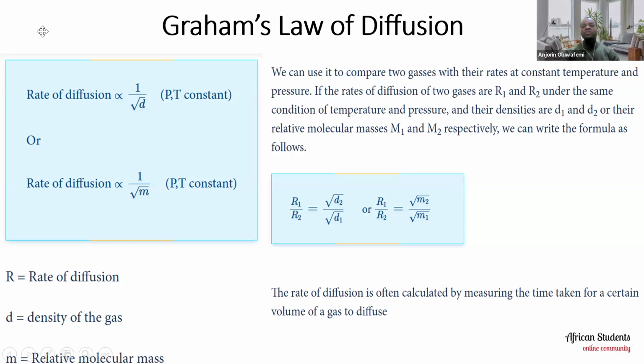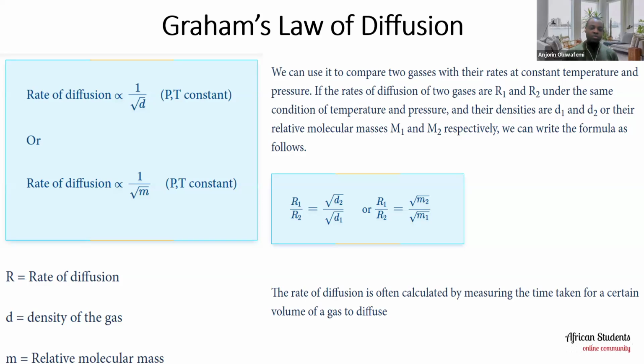So we can use it to compare two gases with their rates at constant temperature and pressure. If the rates of diffusion of two gases are R1 and R2 under the same condition of temperature and pressure, their densities are D1 and D2, or their relative molecular masses are M1 and M2 respectively. So we can write the formula as follows.